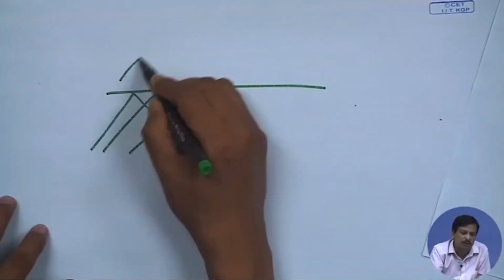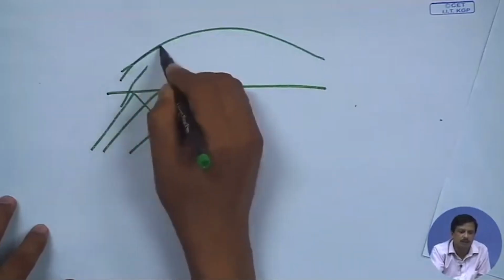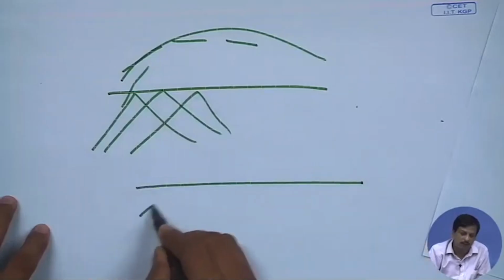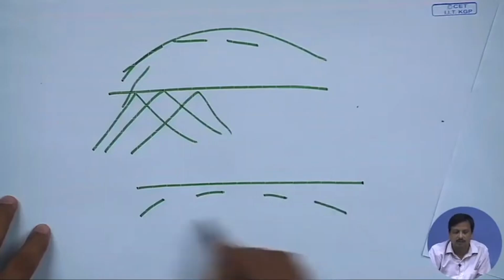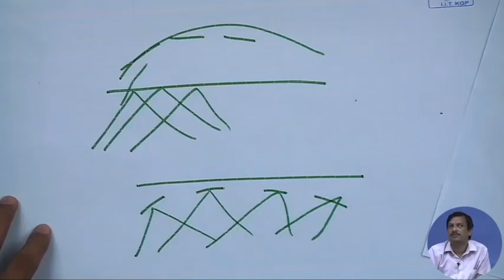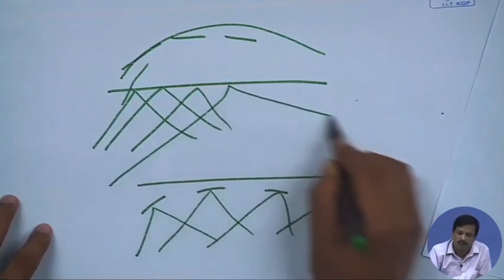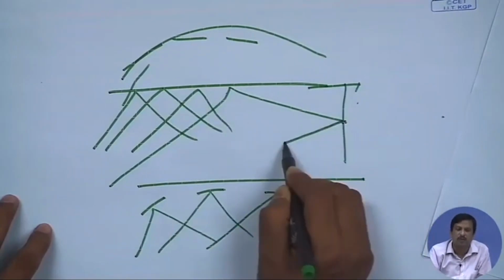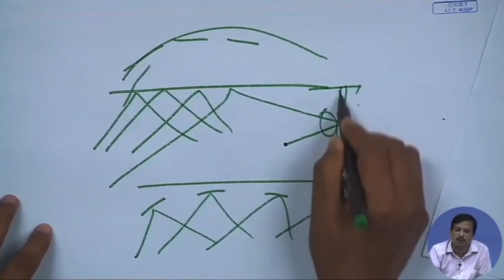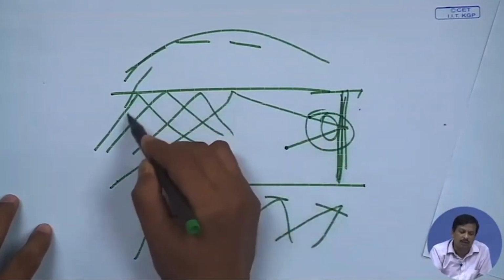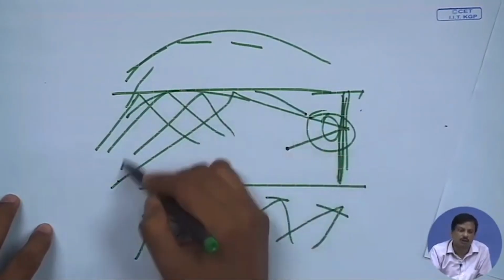Instead of a plain ceiling, I can make a curved ceiling, or suppose my ceiling is flat, I can put reflectors to make a curve, so that the reflection happens everywhere. Otherwise this reflection has no meaning, because if it is again reflected by the back surface and comes here, it may be heard as an echo. Since the backside will be treated with an acoustic blanket, that will not reinforce the sound. So, I will make a curved reflector in the top ceiling, so that it reflects the sound.